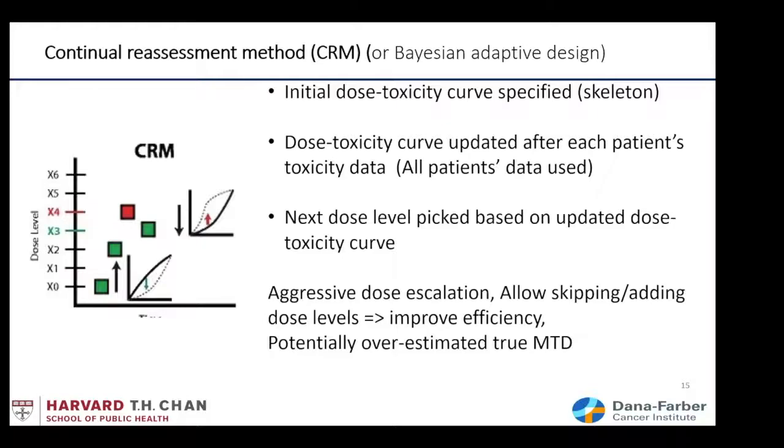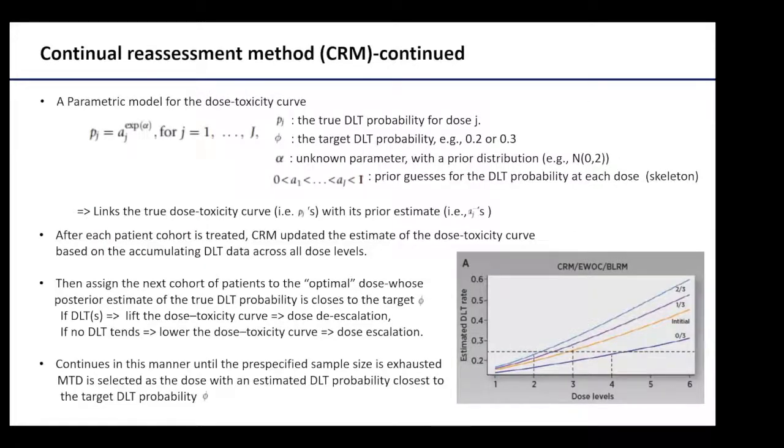So here, there are some technical details. I will not get into them, but this is a one-parameter model. Here p_j is the true DLT probability at dose level j, and a_j is the prior guess of the DLT probability at dose level j.